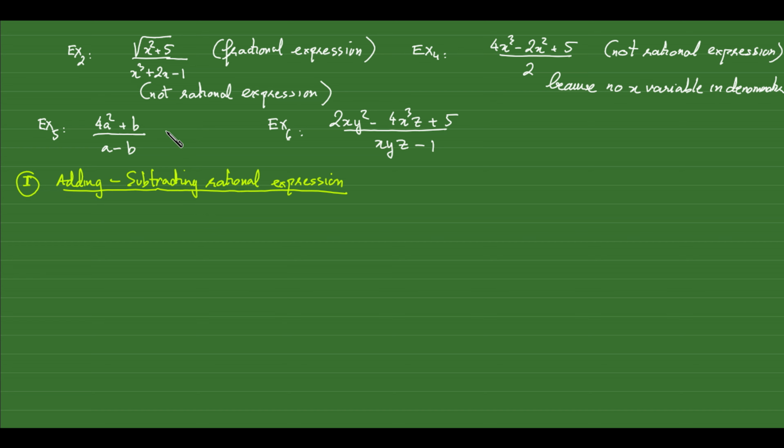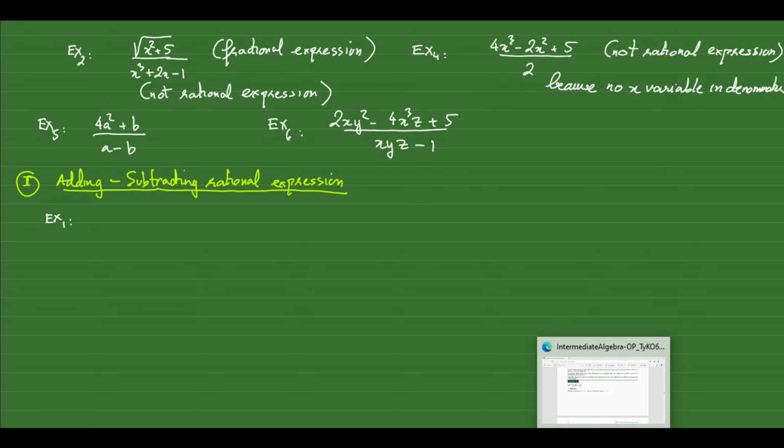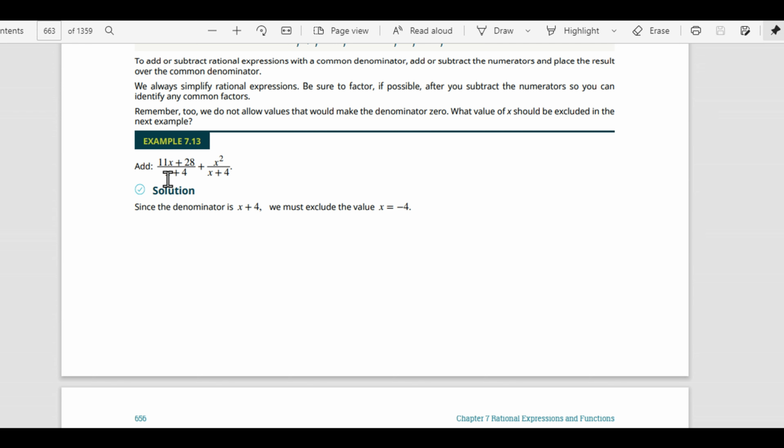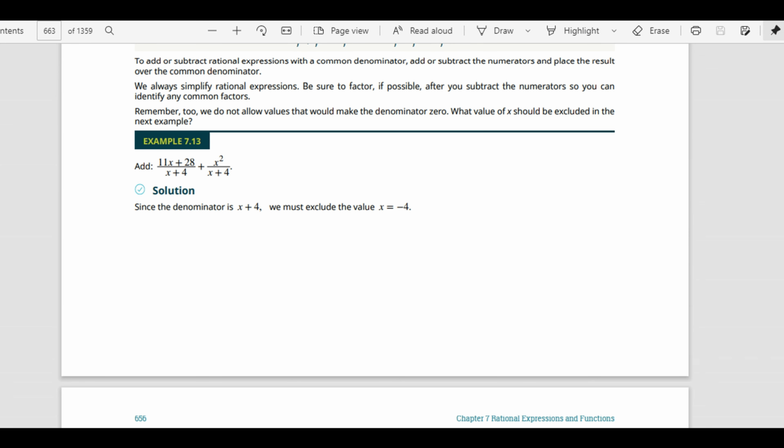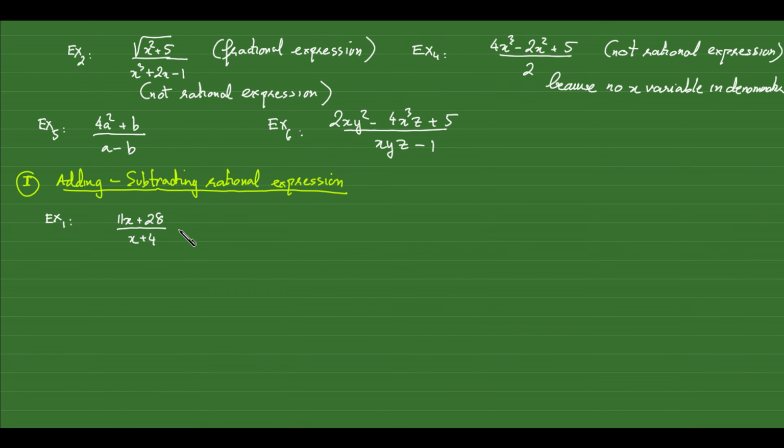So in the first example, I'm going to give you something with the same denominator. So this is what I have: 11x plus 28 over x plus 4, and I want to add to it x squared over x plus 4.